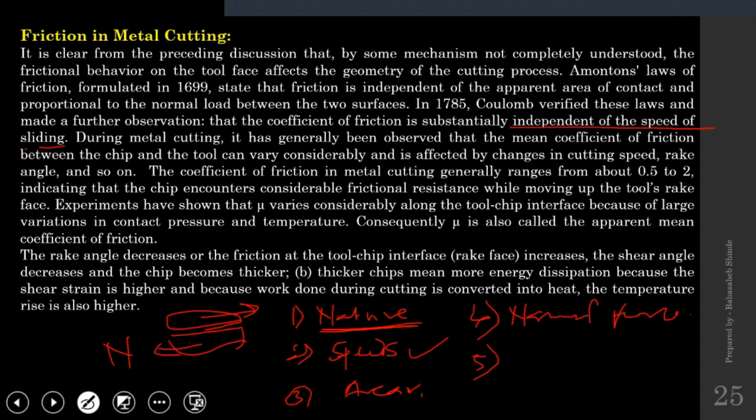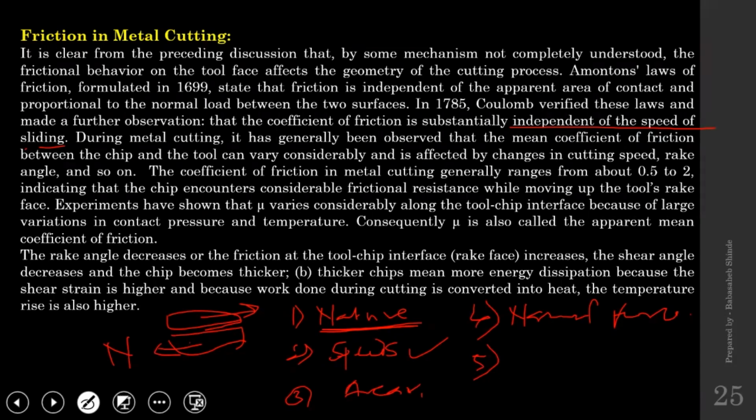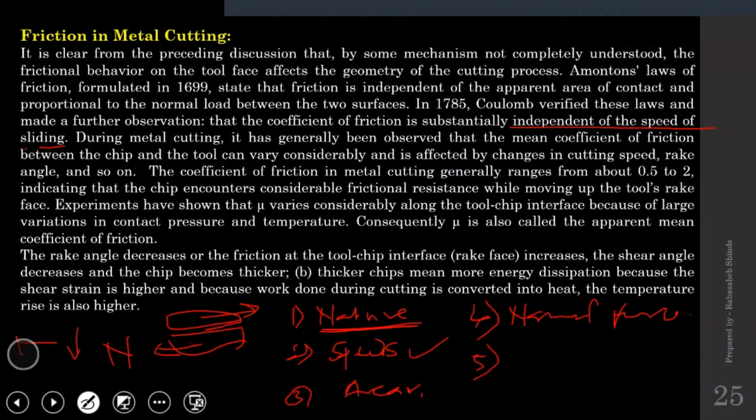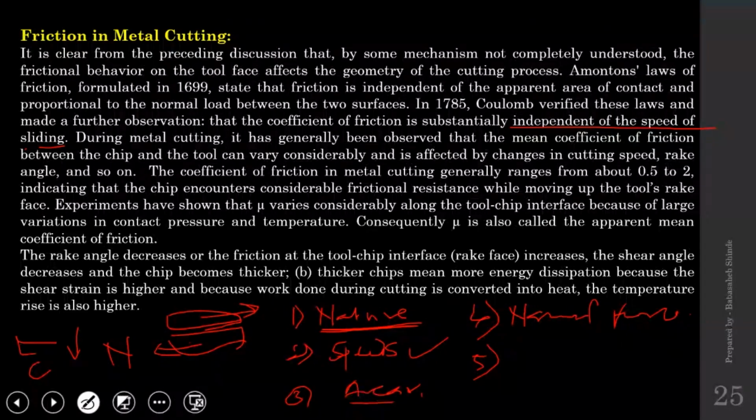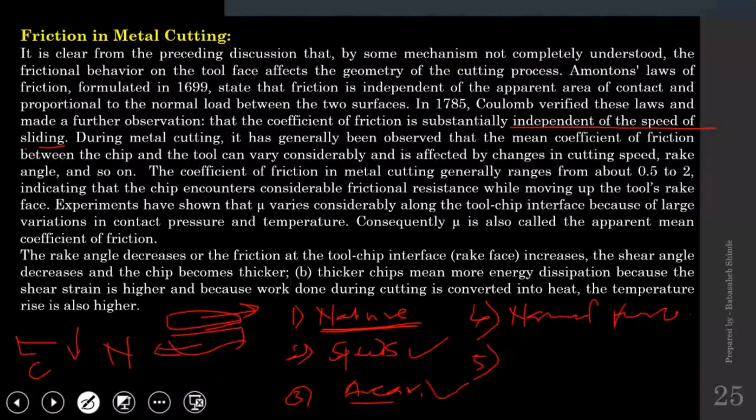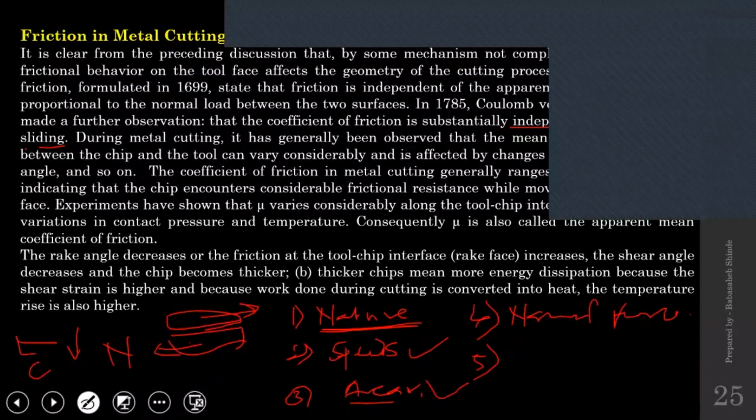We know that when it is in stationary condition, till the limiting friction, the friction value keeps on increasing, and once the two parts start moving, that value drops slightly, but after that it remains constant. As the two parts are in motion, this frictional force is independent of the speed of sliding. Similarly, it is independent of the area also.